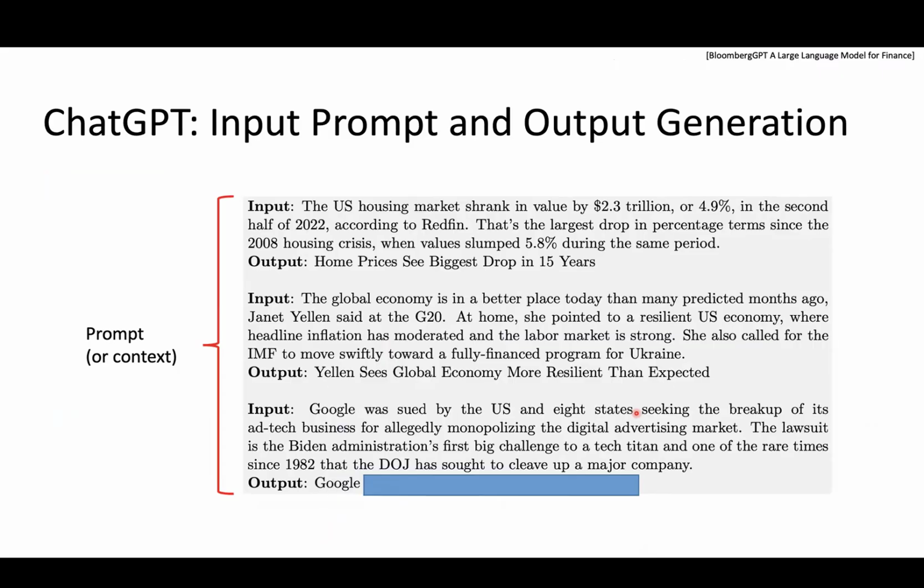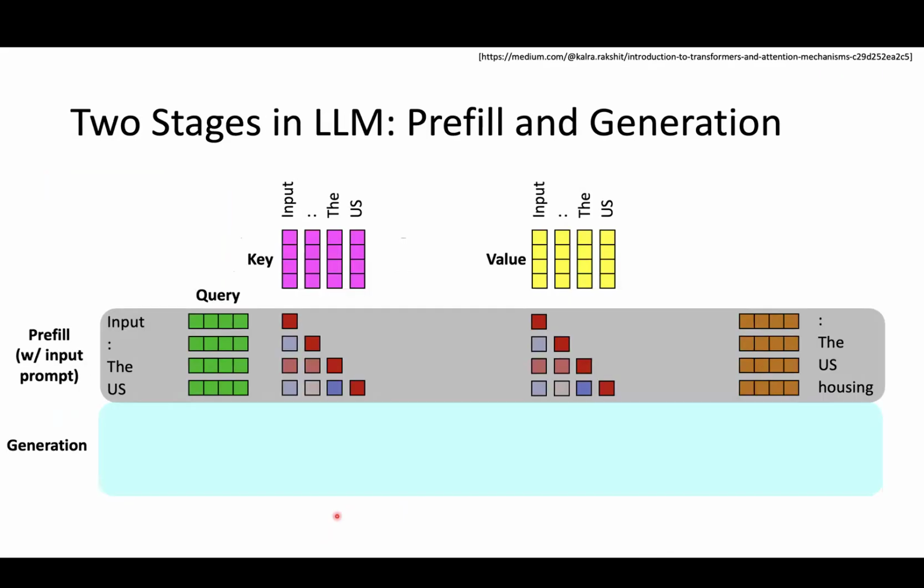But when we generate the output, for each output we execute the entire model using all the input data up to that point. If you look at the compute characteristics of a large language model, we see two stages, prefill and generation. In the case of prefill, since we already have all the input tokens, we can process them in parallel.